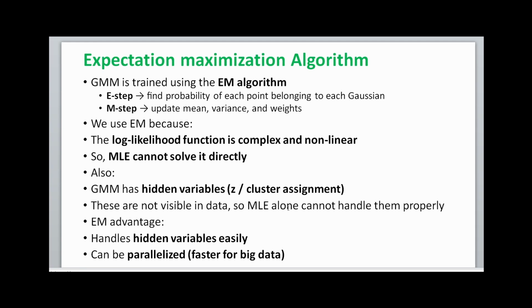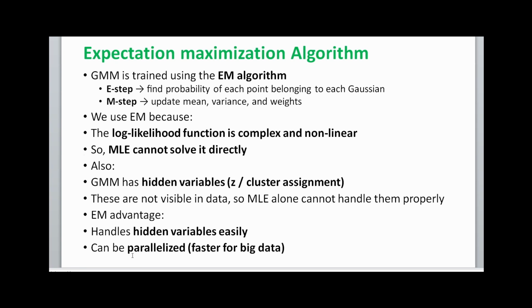So MLE alone cannot handle them properly. While using the EM algorithm, it handles hidden variables easily and can be parallelized. That means the process will be faster for big data.